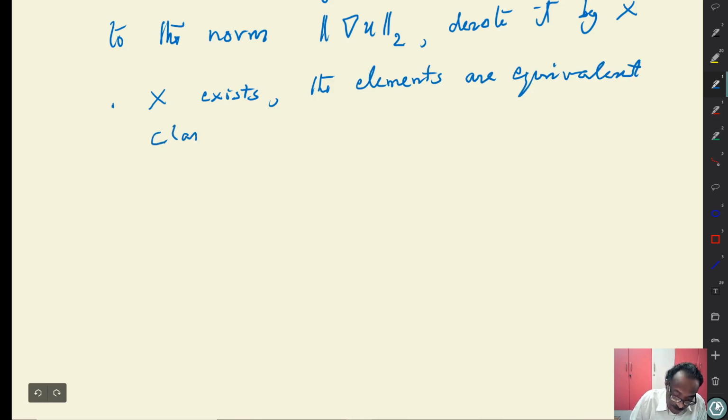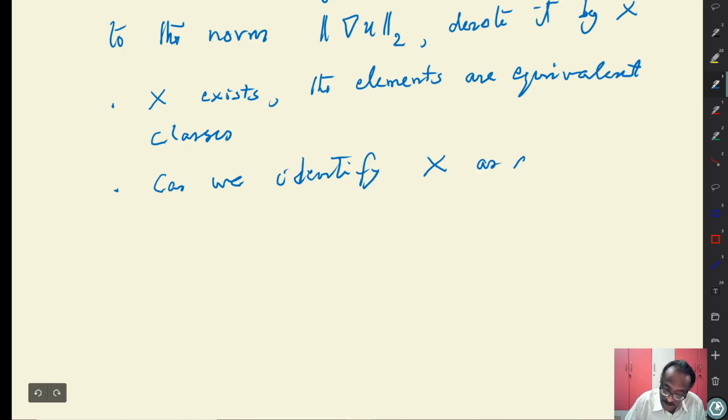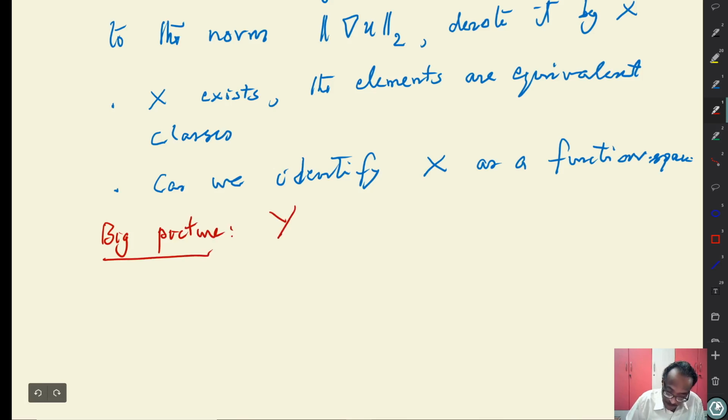And that's not enough. So the question is, can we identify X as a function space? This is the big picture of function space, via distribution theory and Sobolev spaces.